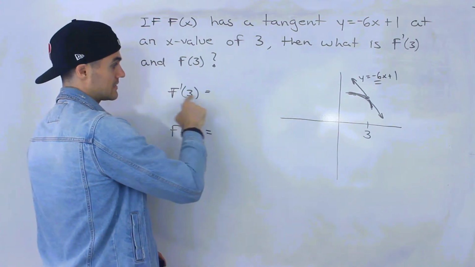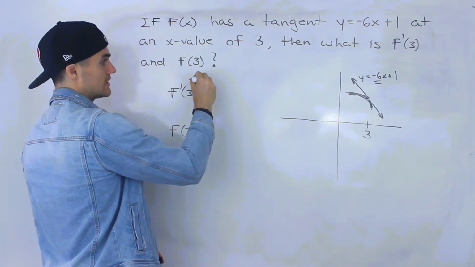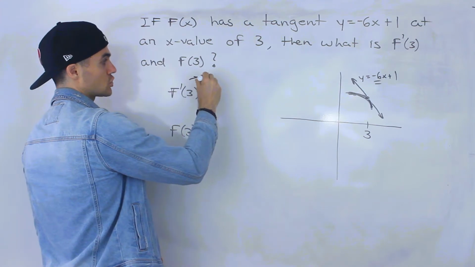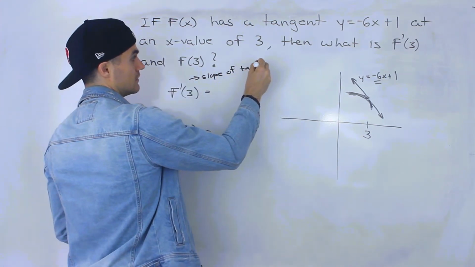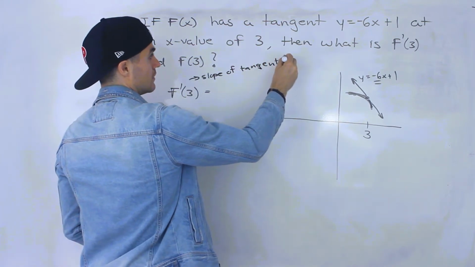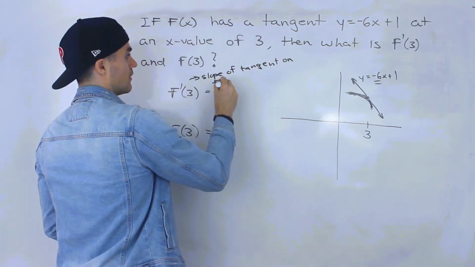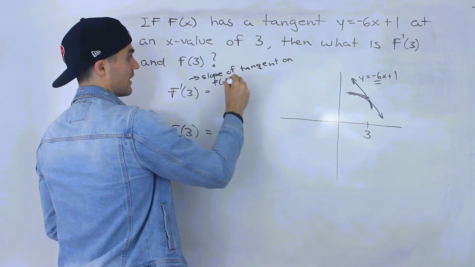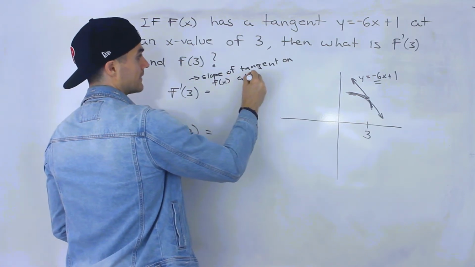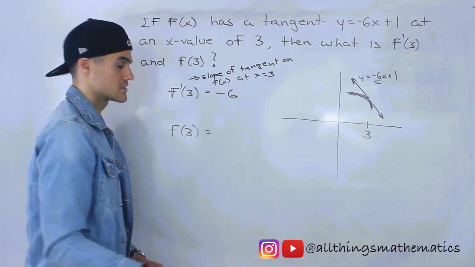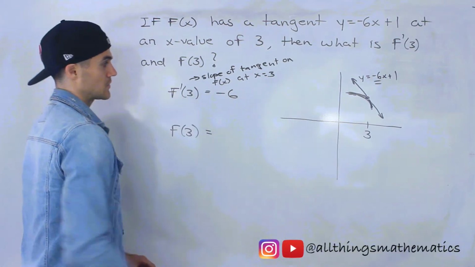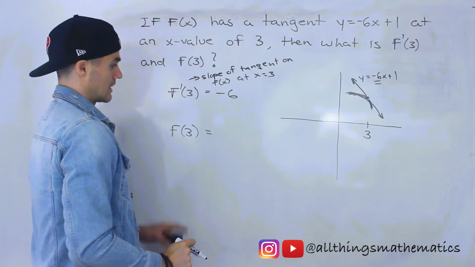And so f prime of 3 is the slope of the tangent that's on f of x at an x value of 3. And the slope of the tangent is negative 6. So that's what f prime of 3 is.